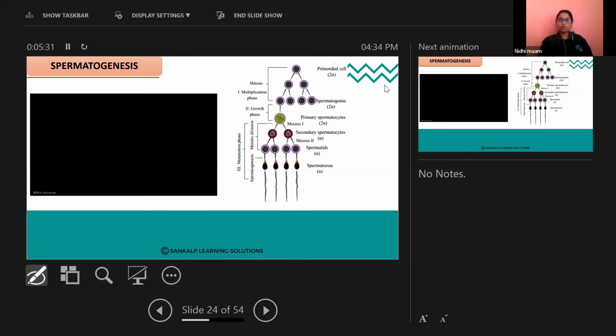So what will be the role of hormones? That is an important question for 3 marks. What will be the role of hormones? That I will be explaining with the help of a flow chart in a detailed way. So do concentrate on it. Complete it fast so that we can proceed.